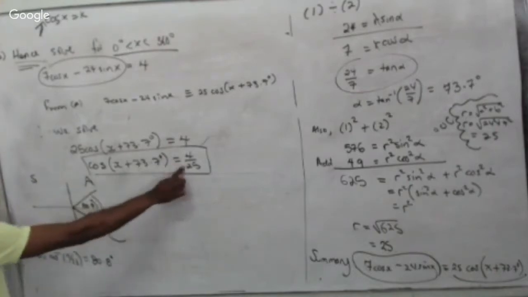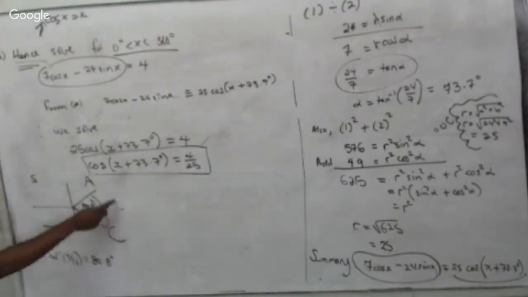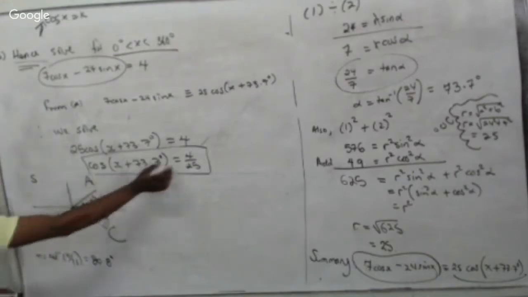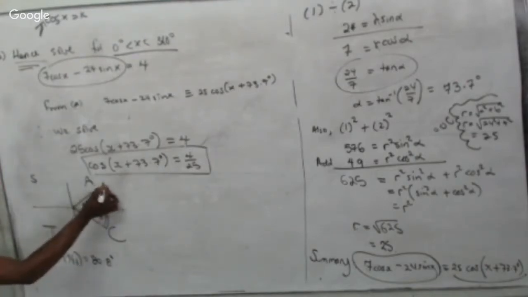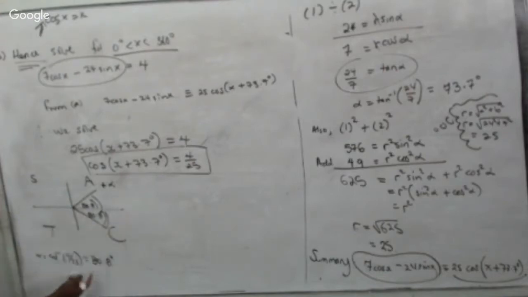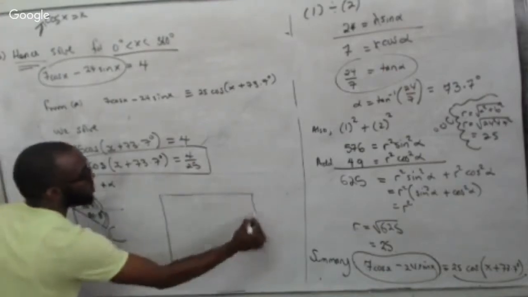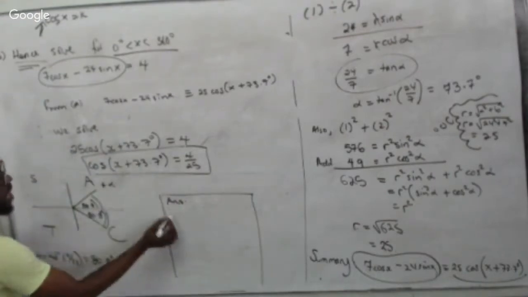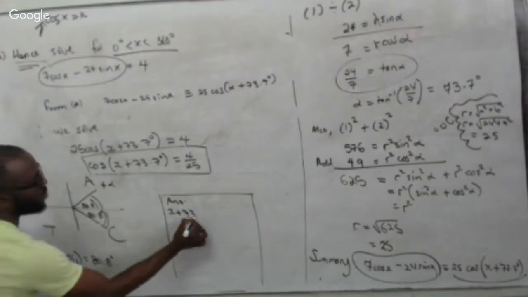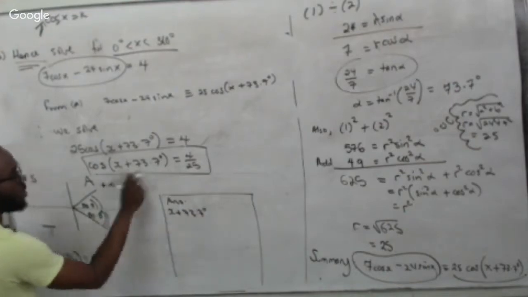Cosine is positive, therefore the angle lies in the first and fourth quadrant, and I find out what is here by saying cosine inverse of that. Then I read out my solution, but know that anything in this quadrant is plus alpha. But what is the solution? Remember, in this case, what are my answers? The answers are all for x plus 73.7 degrees, and that was in brackets. Fair enough?